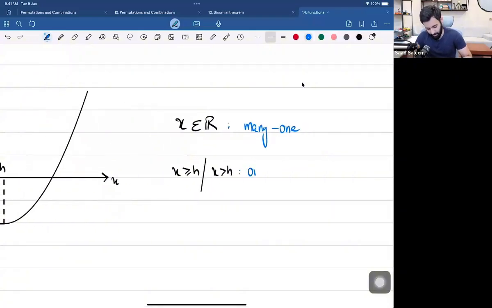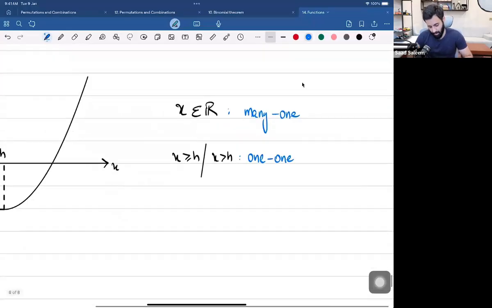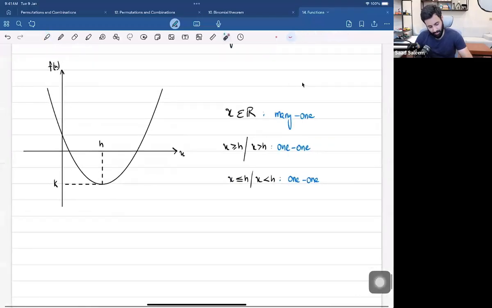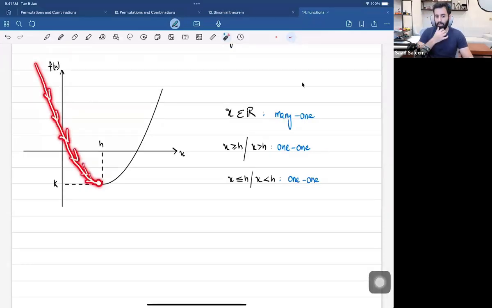Why? Because it's constantly increasing. Another way to identify a one-to-one function from a many-to-one function is that it's either constantly increasing or constantly decreasing. Lastly, if this is the new domain, once again it becomes a one-to-one function. Why? Because now the function is constantly decreasing. So it's decreasing, decreasing, decreasing. That means it has now become a one-to-one function.